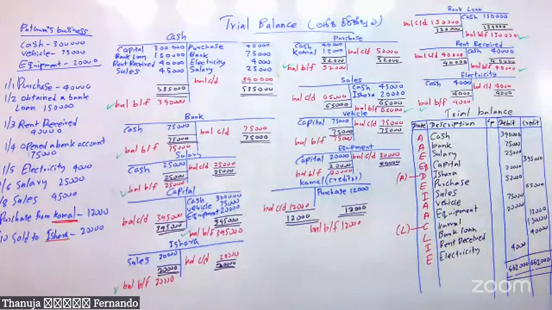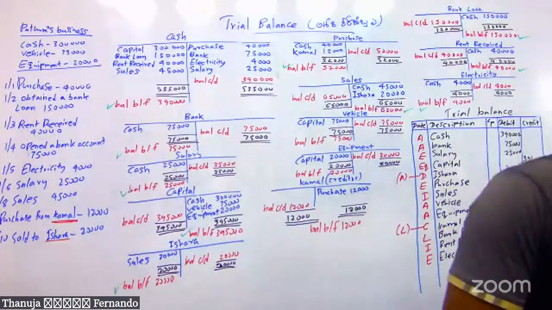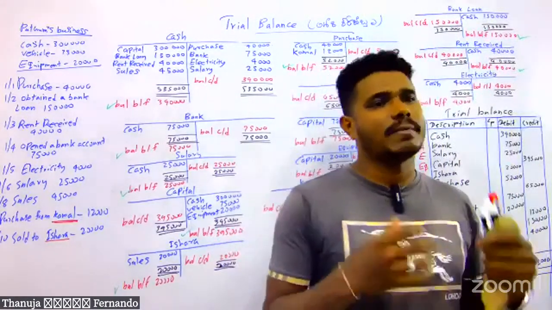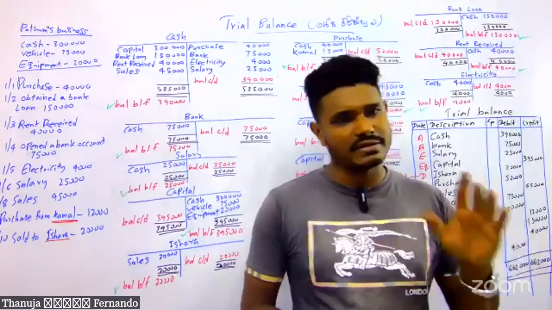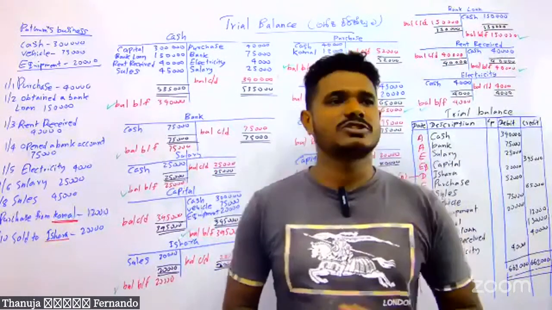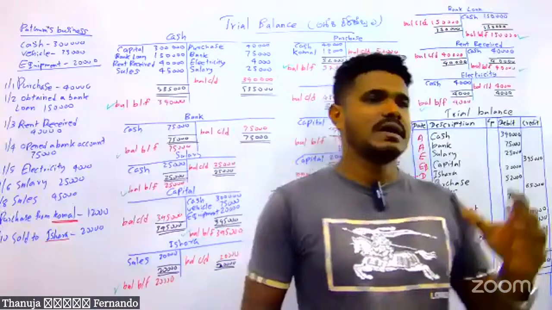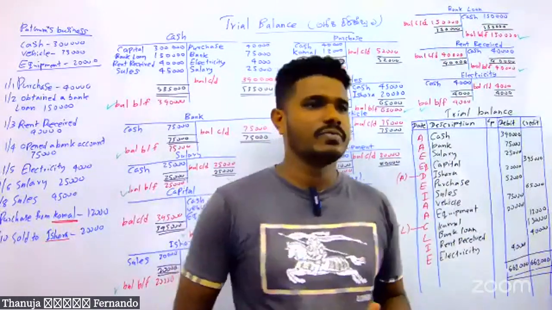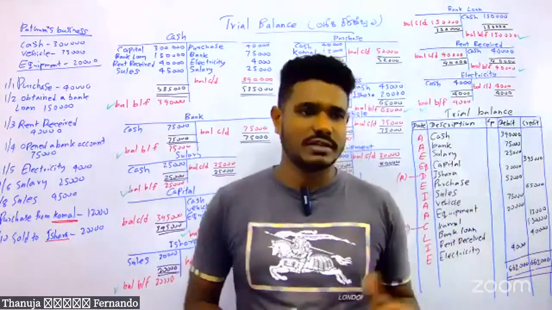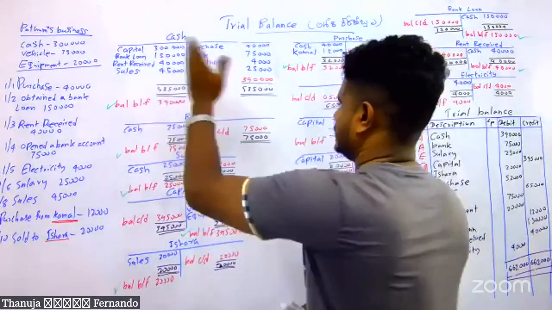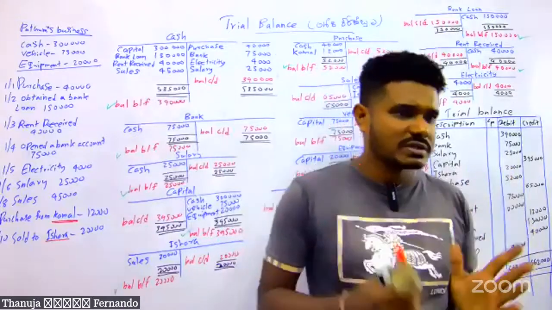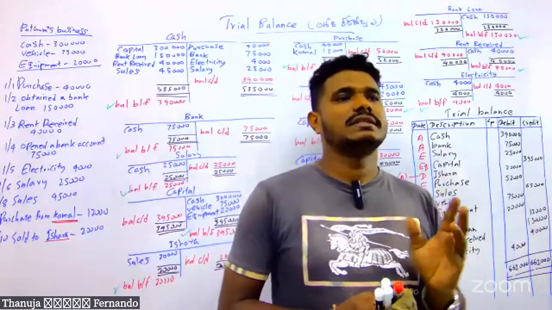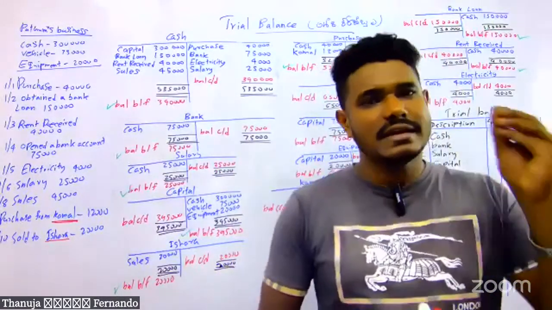So you will ask, what is a trial balance? When we prepare ledger accounts based on the double entry principles, the value of a transaction is recorded on the debit side of one account and on the credit side of the other relevant account. I think you have an idea, no? One account debit side, another account credit side. So as a result, after balancing the ledger accounts, there are debit balances and credit balances like this.